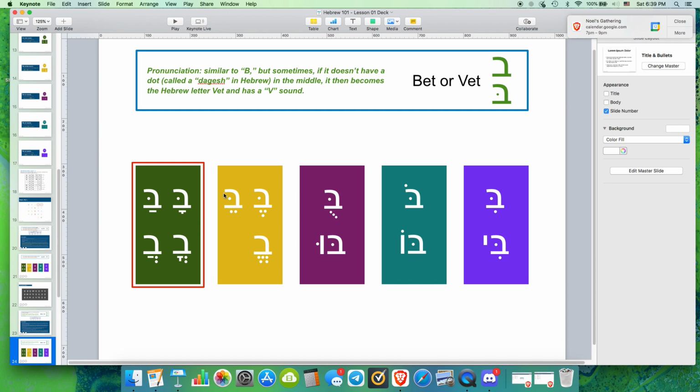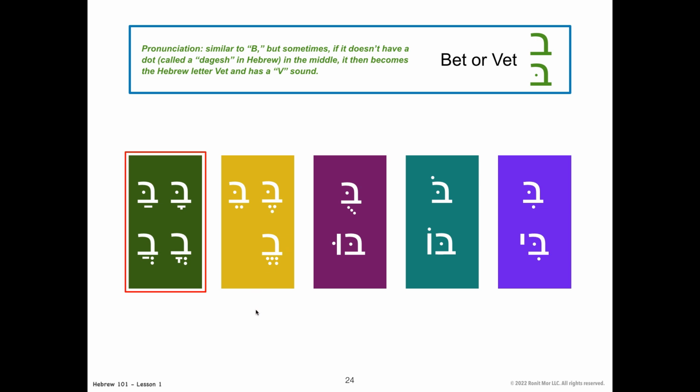So then let's look at the next sound, in the yellow. Can anyone say the sound of it? Be. Yes, be.